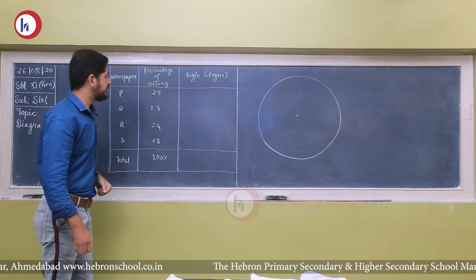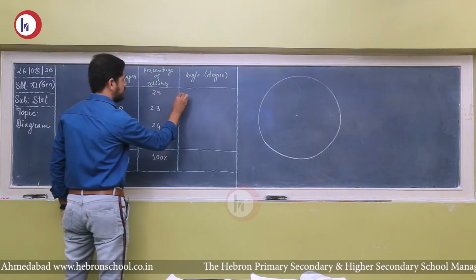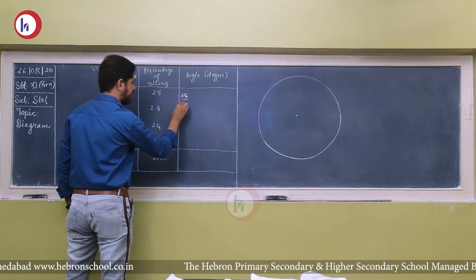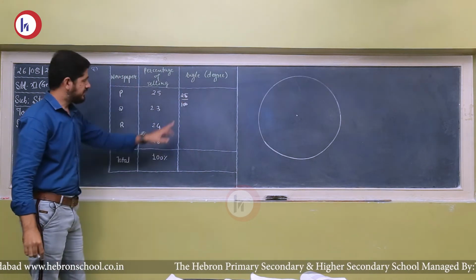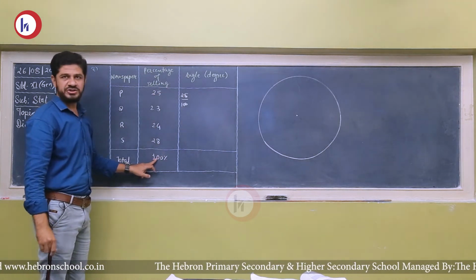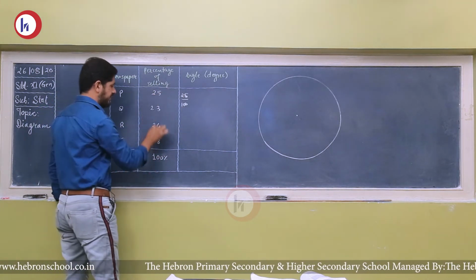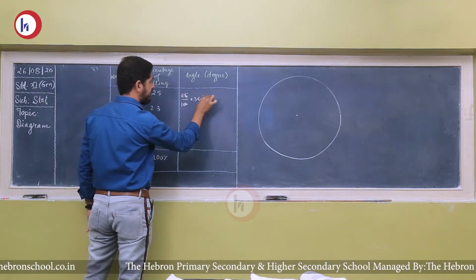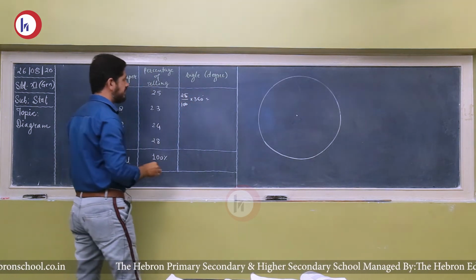So how to find the angle or a degree? So the 25 divided by 100. The 100 is given to us with the total of the percentage. So 25 divided by 100, to convert into degree we will multiply it by 360.